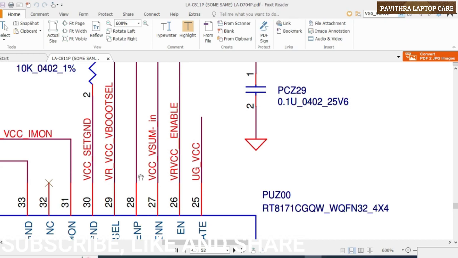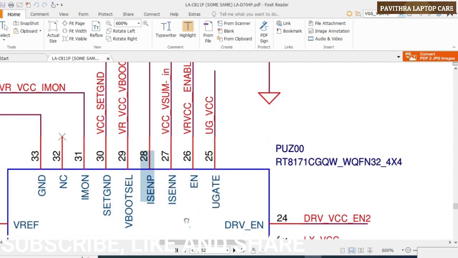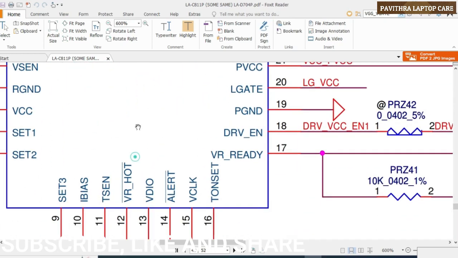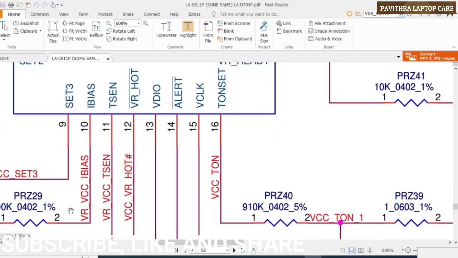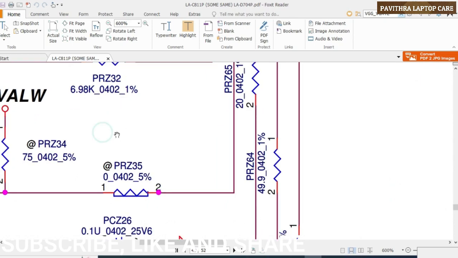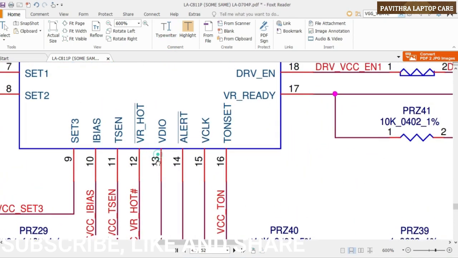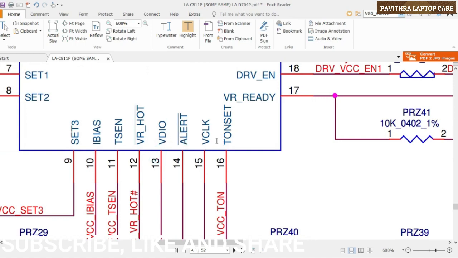Here it gets enable, then it starts working, and it accesses the sensors from the CPU. Those are data, clock and alert: VIDIO, alert, and VI clock.